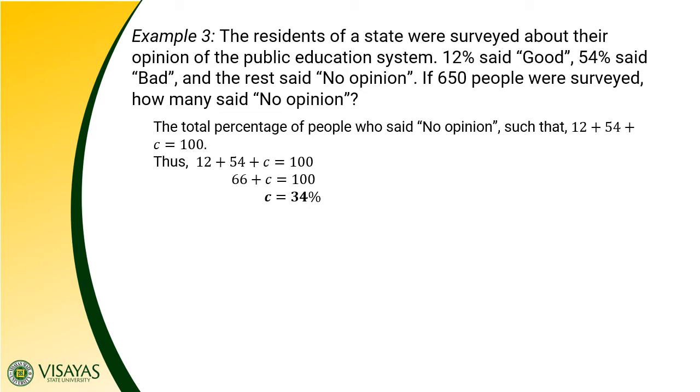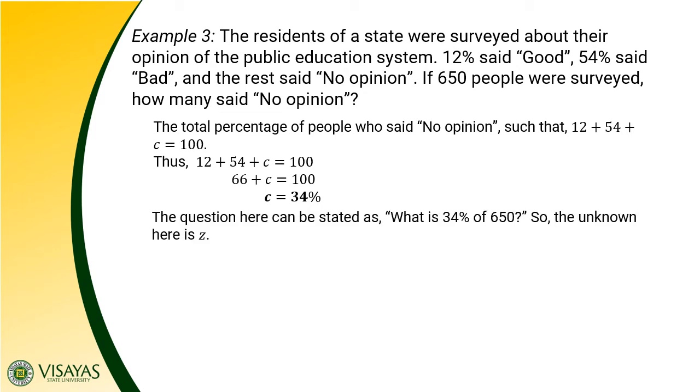And that means that 34% of 650 said no opinion. And the problem actually can be stated as, what is 34% of 650? And now, Z is the unknown.